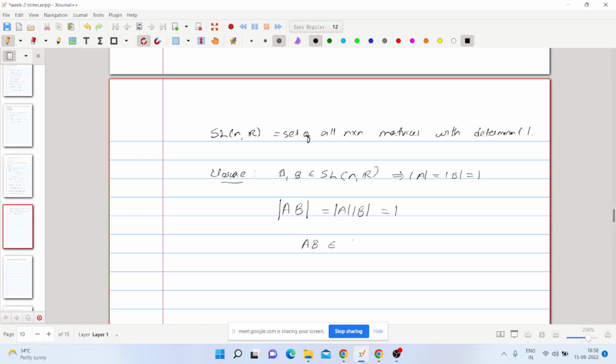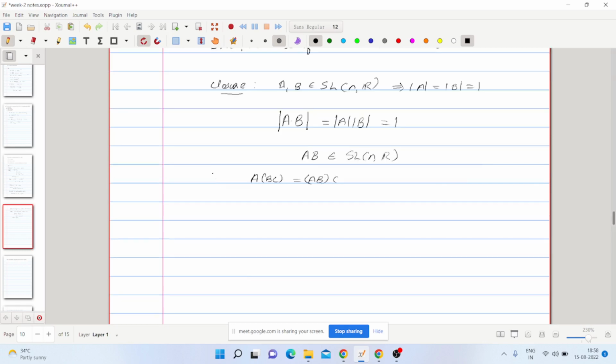That means AB belongs to SLN of R. Is the closure property clear? Now associativity holds because matrix multiplication is always associative: A into BC and AB into C are the same.